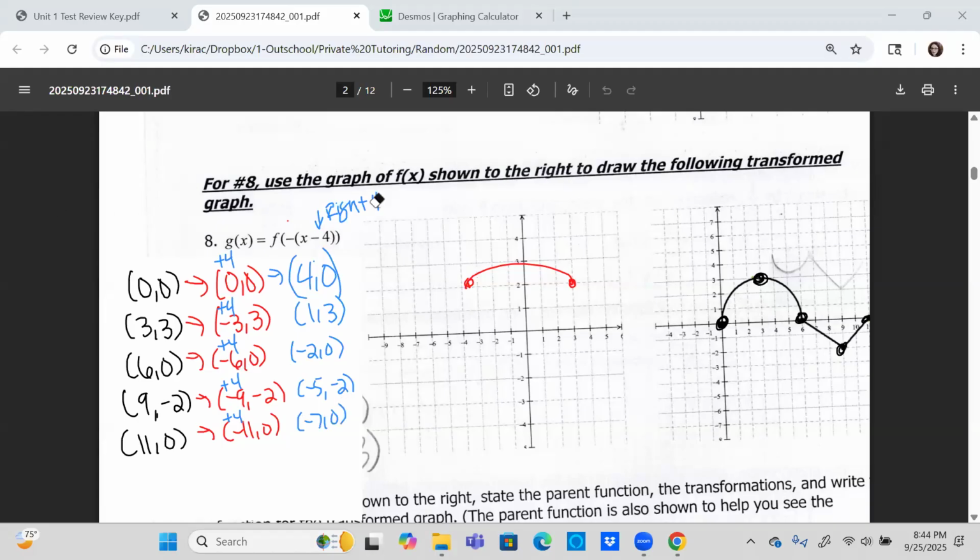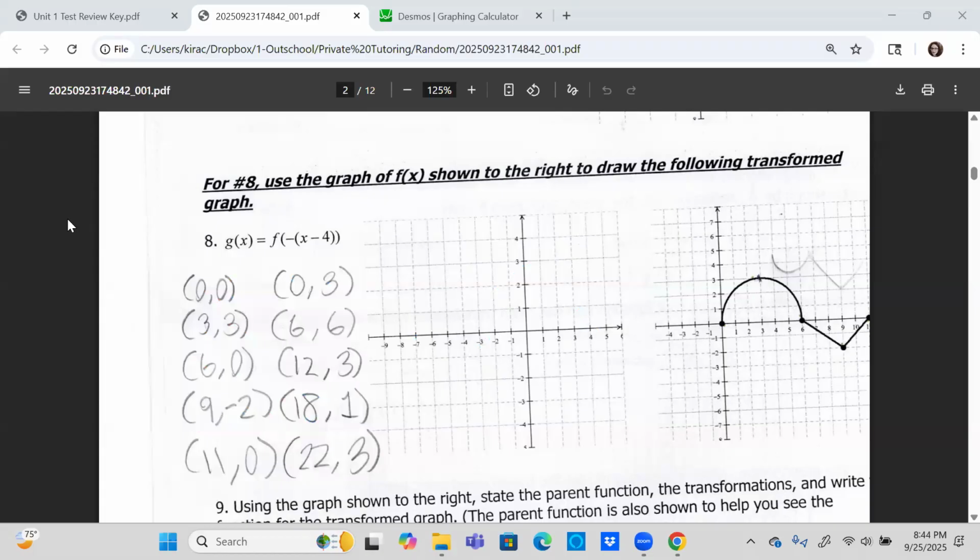That is another way to do it, and now just graph those blue points. And this should be the same thing we just had. Boom. So whichever way made more sense to you. There we go. Can't really check that on Desmos because we have no function.